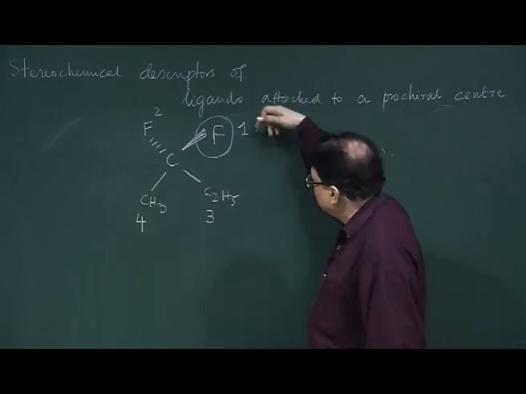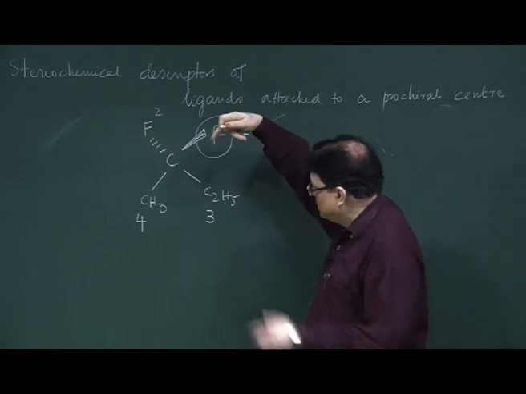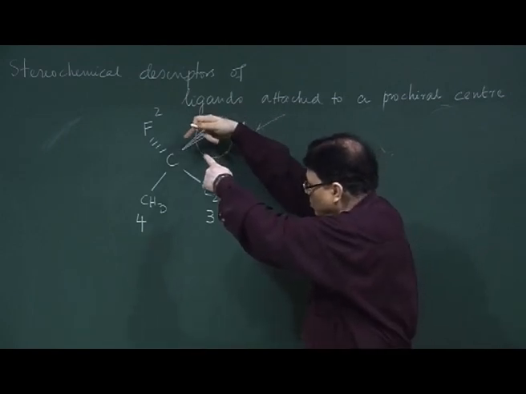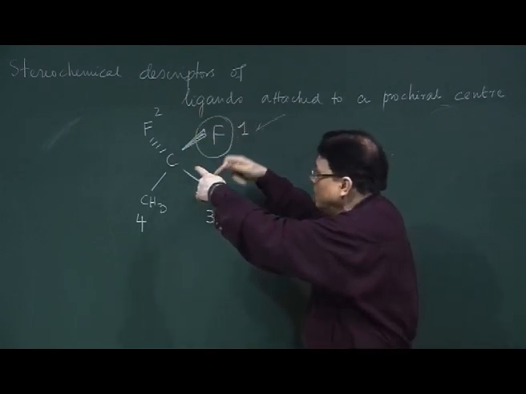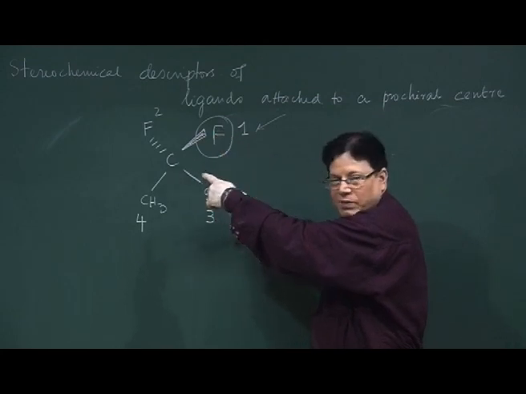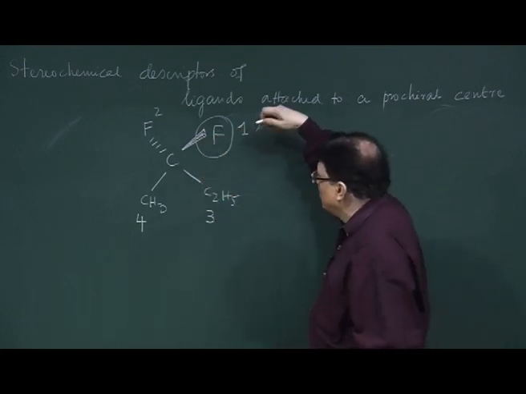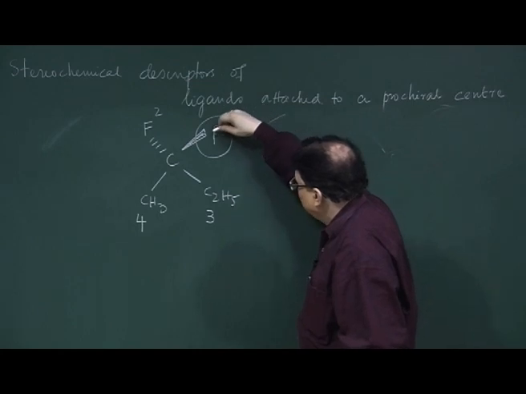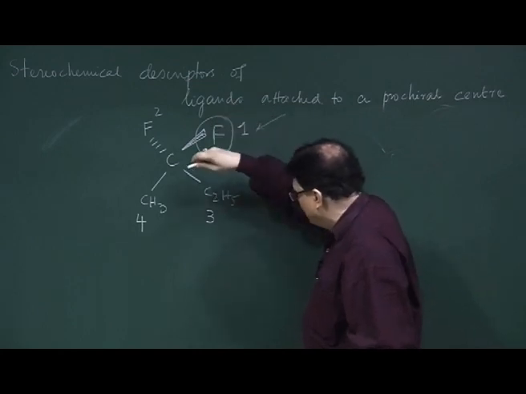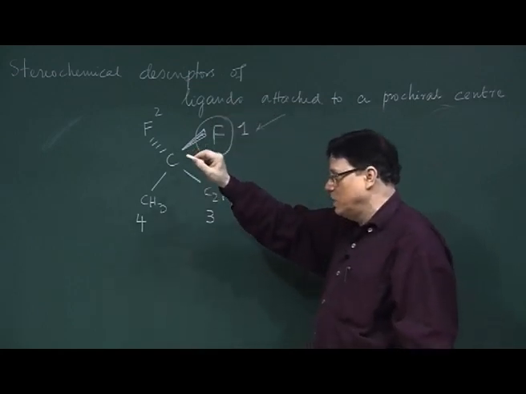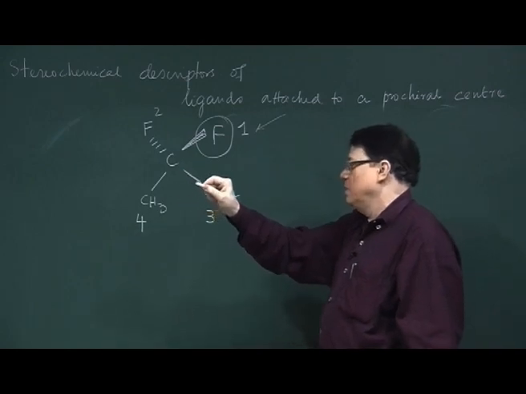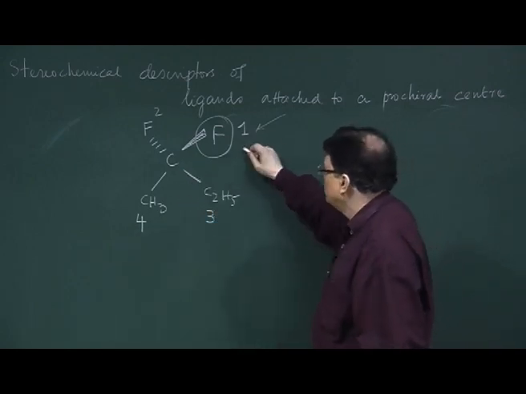If I look from this side, this is 1, then it goes to 2 and then comes back to 3. So the direction is clockwise, 1, then it goes down and then comes back to the plane.